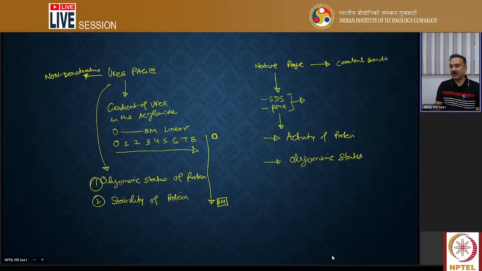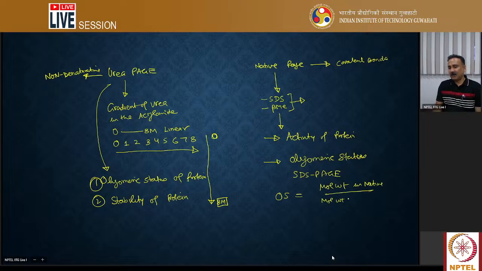For that, you cannot use only the native page. You are also going to use the SDS page, and oligomeric status would be the molecular weight in native divided by the molecular weight in SDS. So it is going to be a whole number.